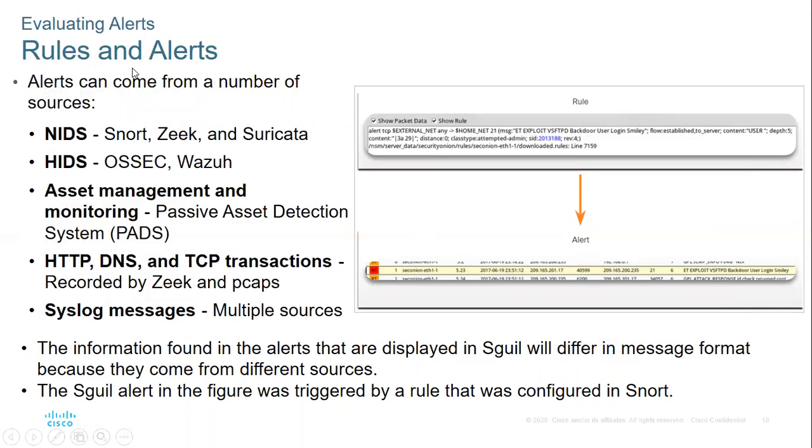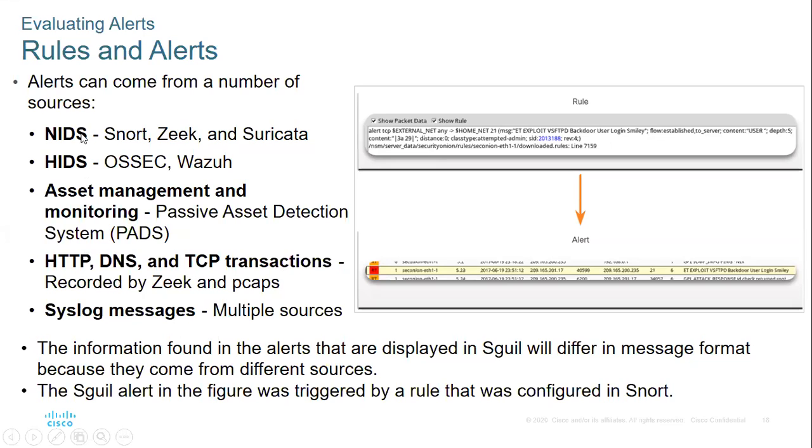Rules and alerts. These alerts come from a number of sensors. They can come from network intrusion detection systems or host intrusion detection systems, from asset management and monitoring, from HTTP, DNS, and TCP transactions, or from syslog messages.